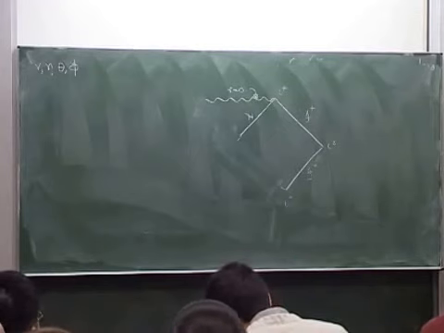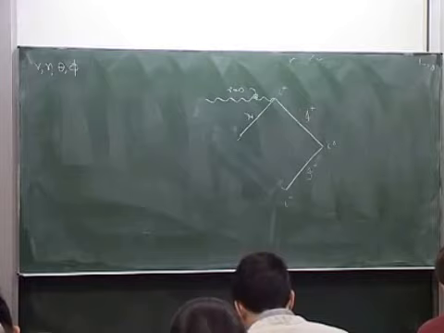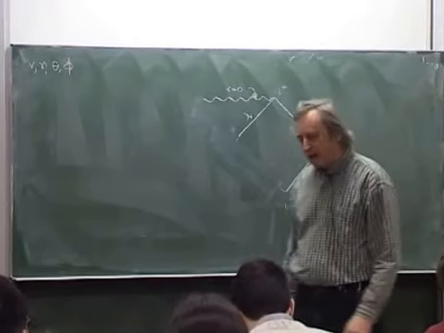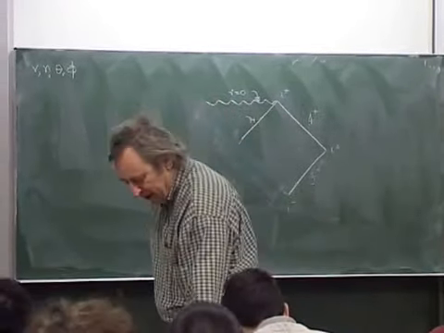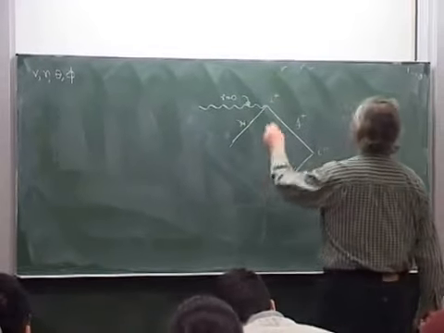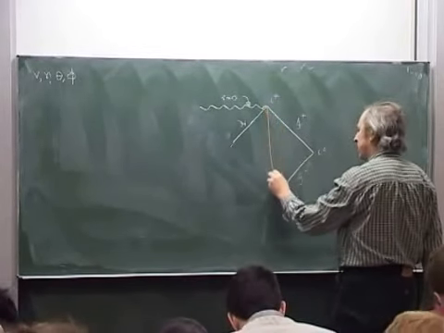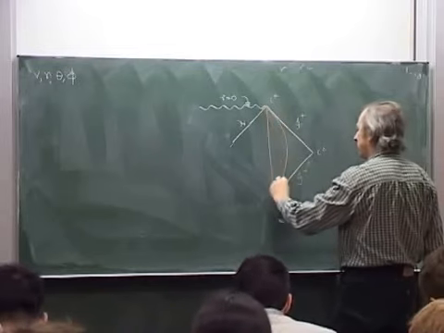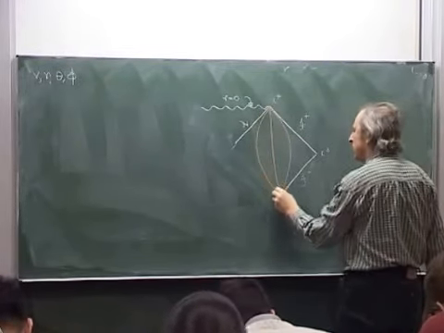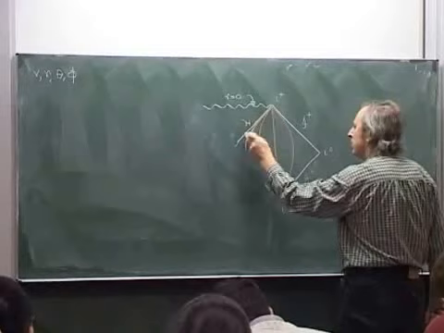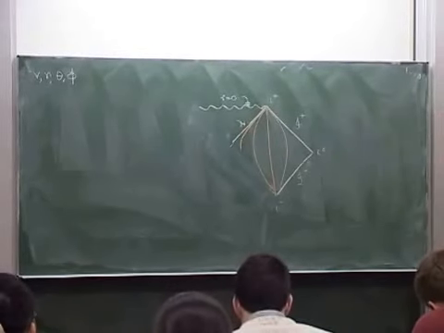If I draw lines of constant t and constant r in this region, lines of constant r will look something like this. So it's exactly similar to what happened before. And as you go to r equals 2m, you find yourself on this surface.